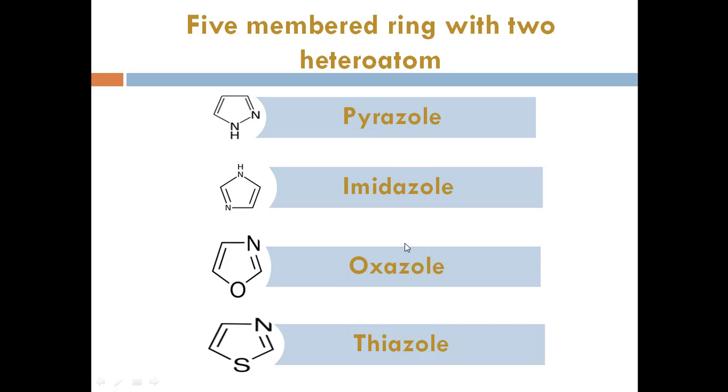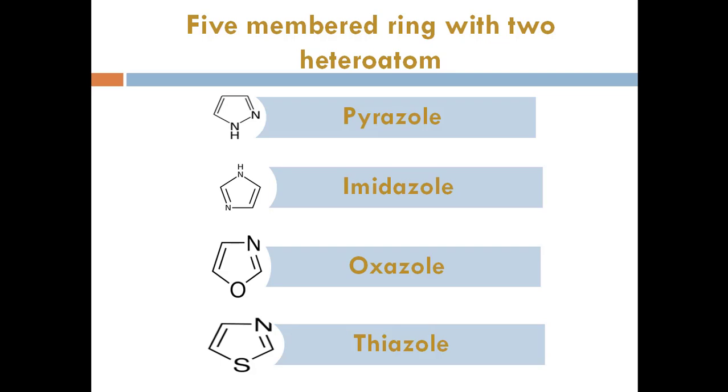Then oxazole: in oxazole, a 5-member ring with 1 oxygen and 1 nitrogen atom, right? And the relative position of these 2 heteroatoms is at 1-3 position, right? Similarly, if oxygen and nitrogen are present at 1-2 position to each other, then it is isoxazole.